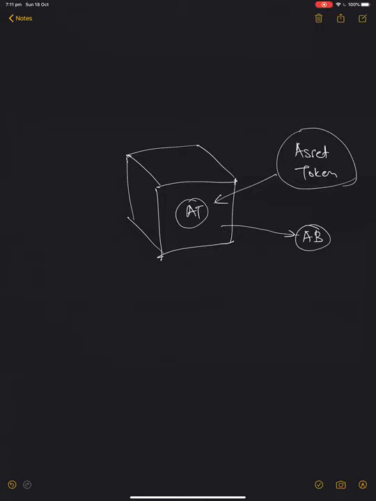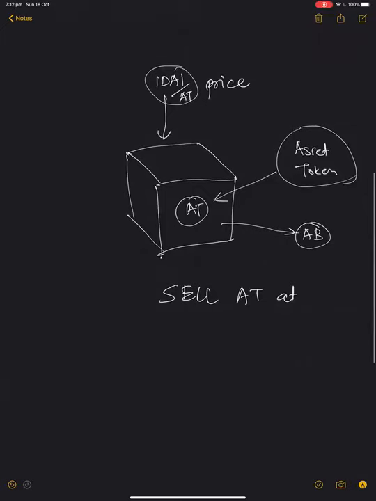I will always be willing to sell asset tokens at one DAI per asset token price. At the agreed price. Okay. What this means is, even if there was no DAI in the box, you can put in your asset tokens.